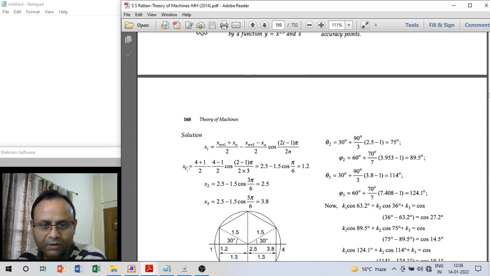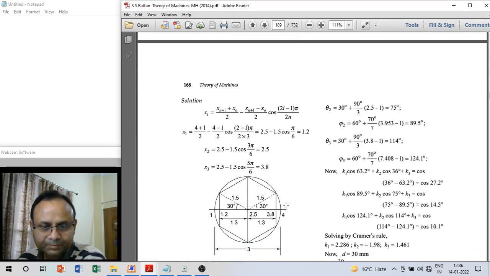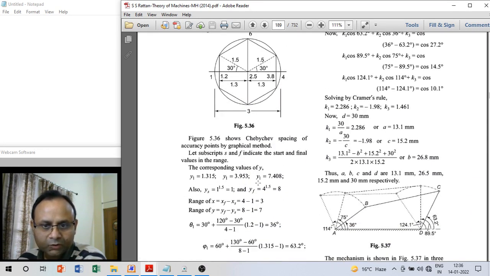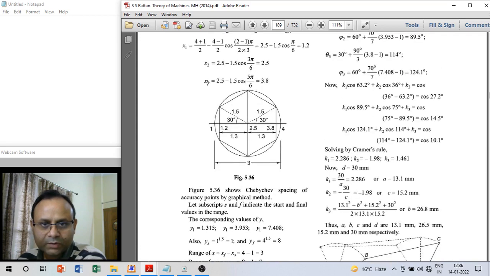So first of all, you get x1, x2, x3 based on Chebyshev spacing. Correspondingly, you will get y1, y2, y3 based on the function generation, the function that is given. Now, from these x1, x2, x3, you will have to get theta 1, theta 2, theta 3. For that, in a previous video, I had described that you take a linear relation between x and theta.